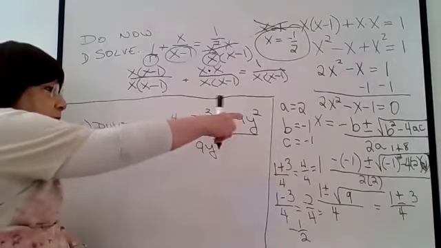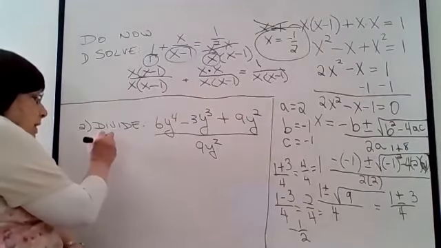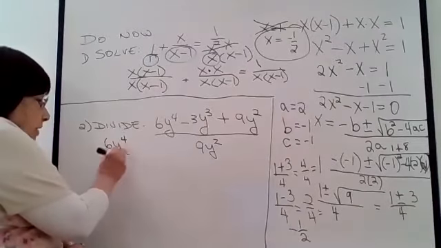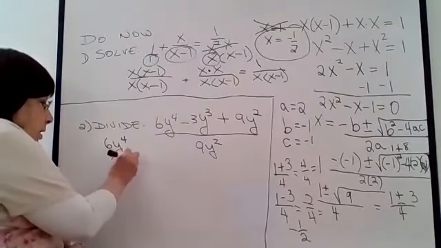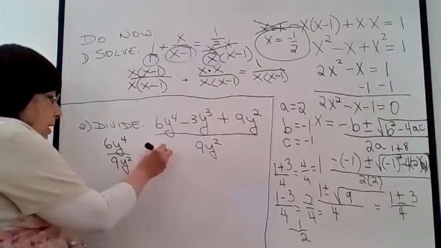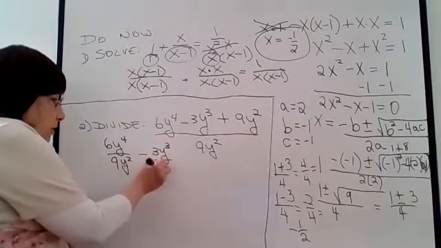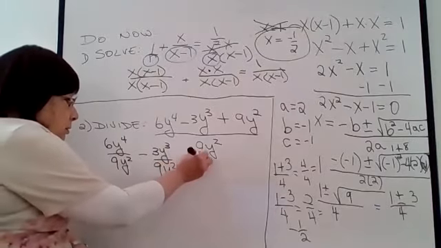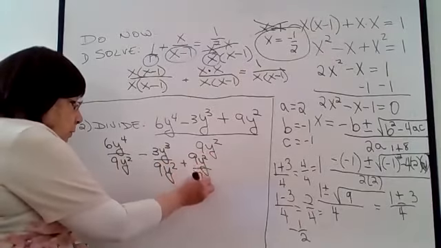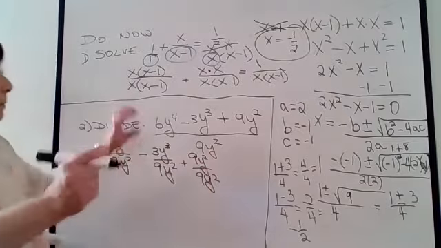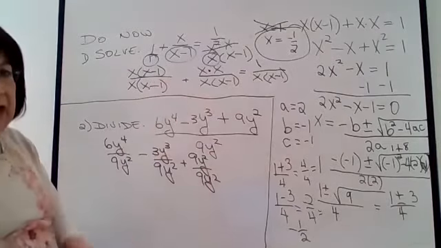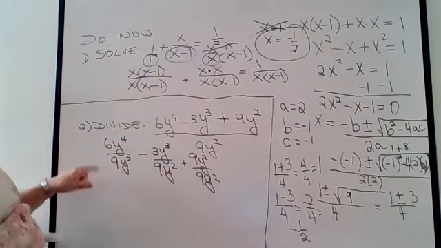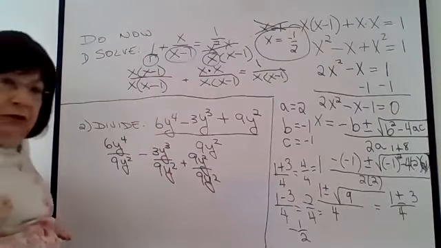Separate it, since there are 3 terms, into 3 different fractions. 6y to the 4th over 9y squared minus 3y to the 3rd over 9y squared plus 9y squared over 9y squared. So rewrite the problem, putting each of the terms from the top over the denominator, and then reduce each of these fractions.